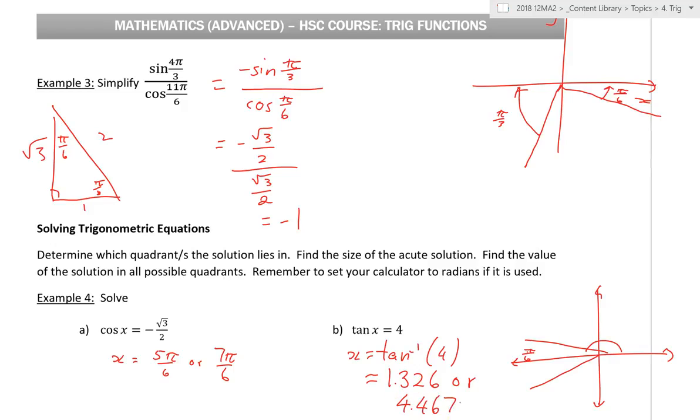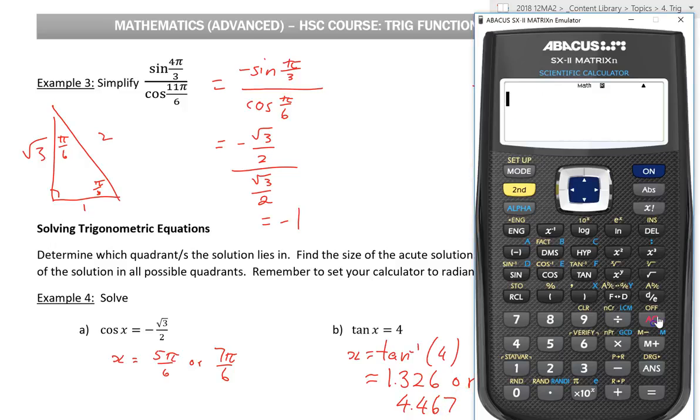Now the question should specifically say within what range, because if I added another pi onto that, and I say what's the tan of 7.777 or whatever it is, I'm going to get 4 again. Let's see if that's approximately true. Tan of 7... I made a mistake there.